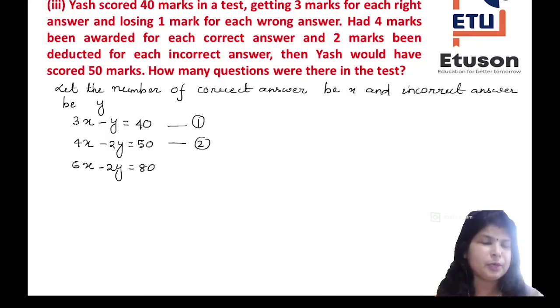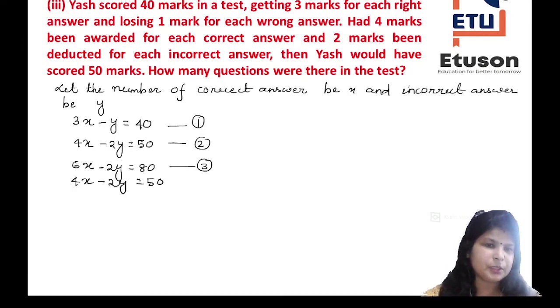Remember, whatever you do with the left hand side of the equation, you have to do the same with the right hand side. So I have multiplied equation 1 by 2. This becomes our equation 3, and the equation 2 is 4x minus 2y is equal to 50. Now subtract, you will get 2x, as the y terms become 0. 2x is equal to 80 minus 50, that is 30.